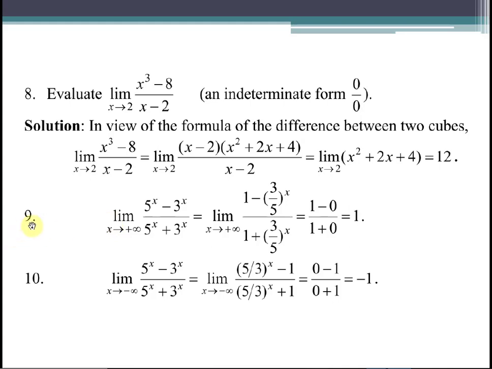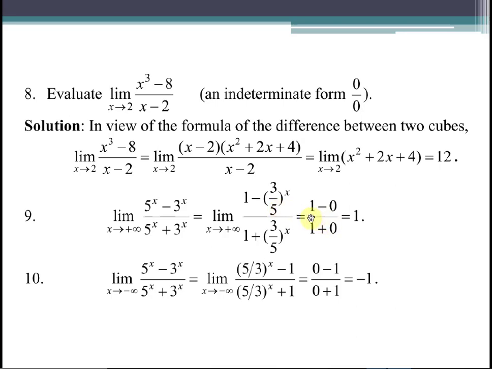Number 9. Limit as x tends to plus infinity of 5 to the power of x minus 3 to the power of x over 5 to the power of x plus 3 to the power of x. So now we can divide by one of them. For example, in this case we divided by 5 to the power of x, numerator and denominator.